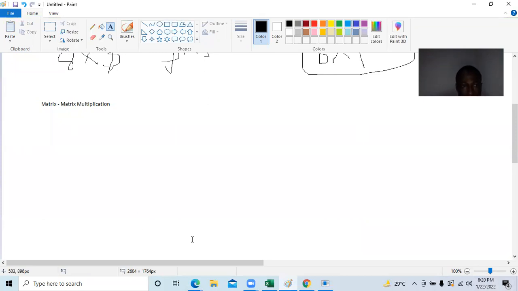So let's say we have matrix 1, and this one is so simple too. We are going to do only one example. So let's say we have matrix 1, 4, then 3, 0, and then 2, 1. So this is a decent 2 by 3 matrix.